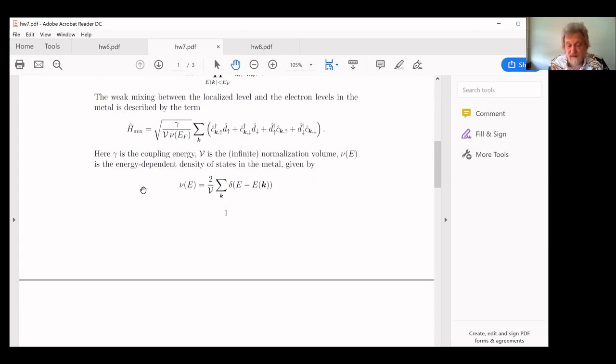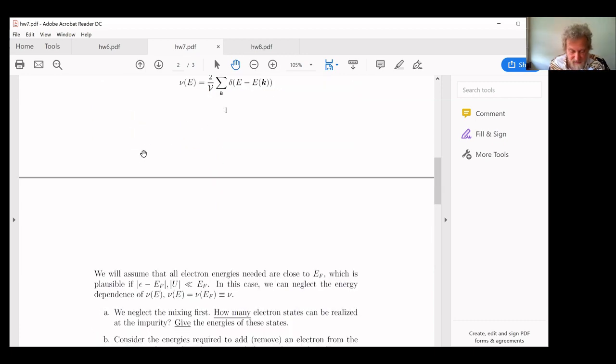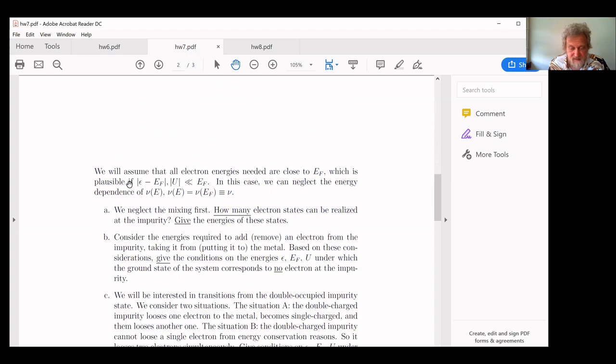Then there is a mixing operator, which connects the localized level with operator D and the electrons level. Coupling energy is normalized to the energy dependent density of states. Perhaps it was not that explicit, no, it is explicit.